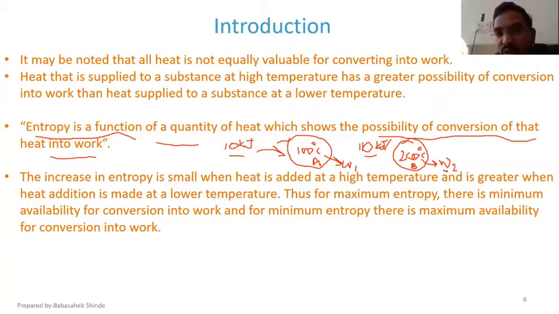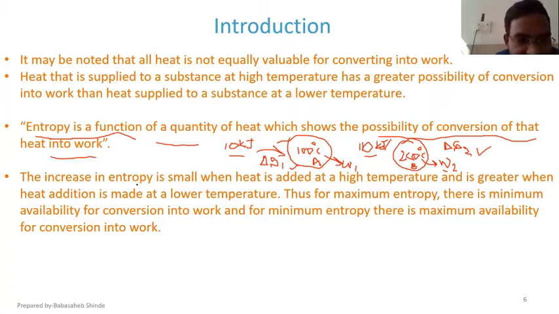Now, I want to relate this with the entropy. Suppose entropy change for body 1 is delta S1 and entropy change for body 2 is delta S2. Okay. So if I compare this delta S1 with delta S2, I can easily predict from where I can get maximum work output.